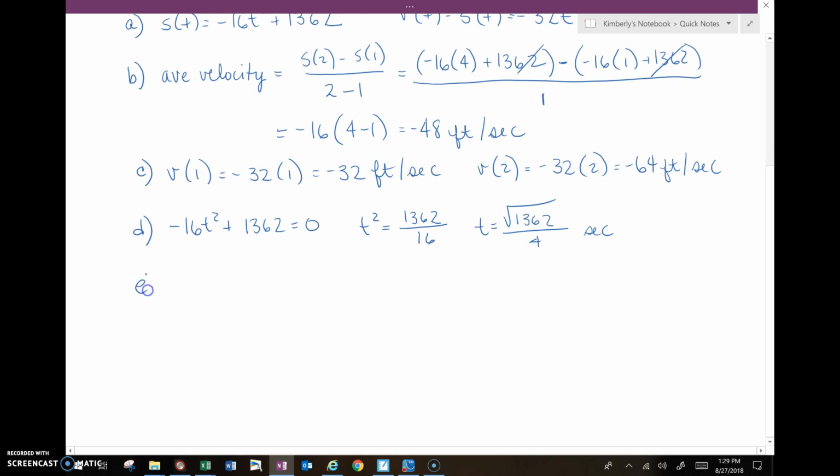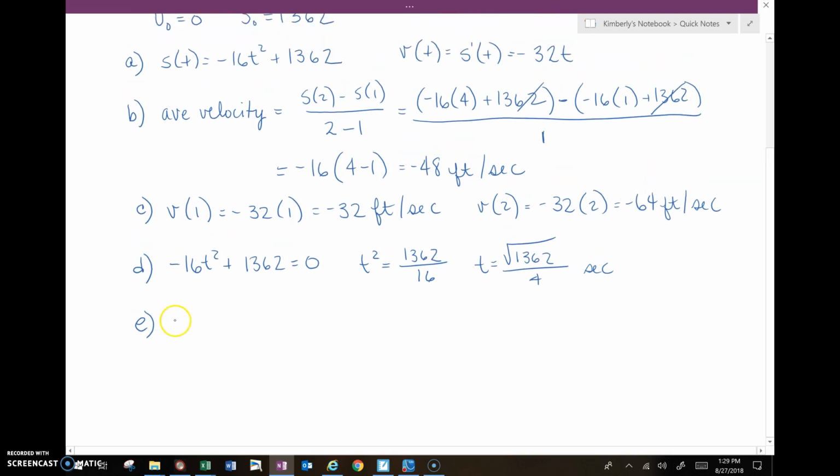Then E wants to know what the velocity is when the silver dollar hits the ground. And so you have the time and you have the velocity. So it's v of square root of 1,362 divided by 4. They really could have found a number that was a perfect square, but they didn't.